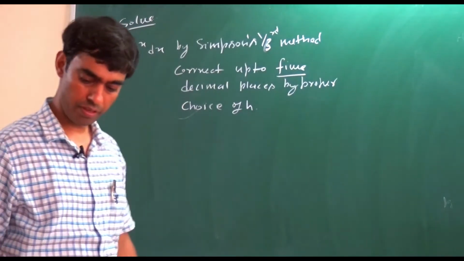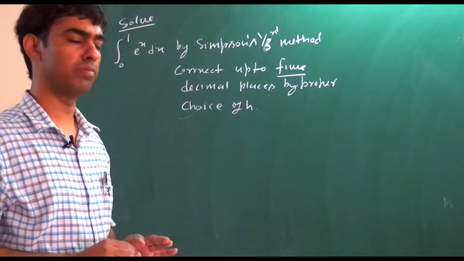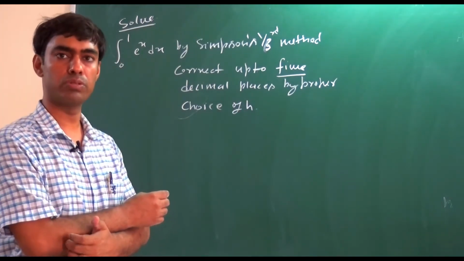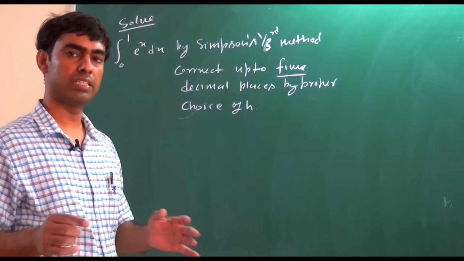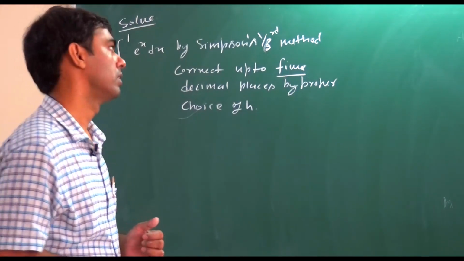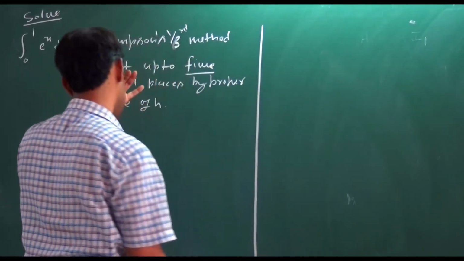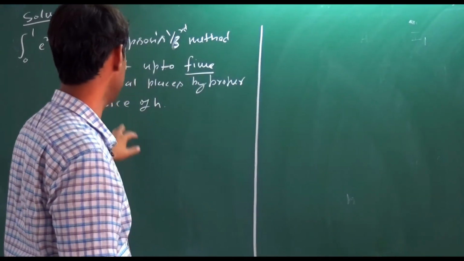So first there is a need to choose the value of h, and also we know that n is a multiple of 2. So how do we choose the correct value of h?